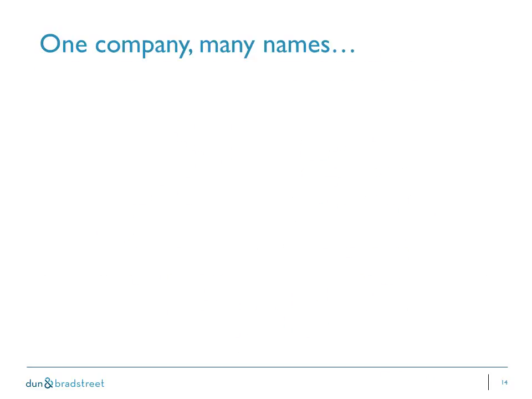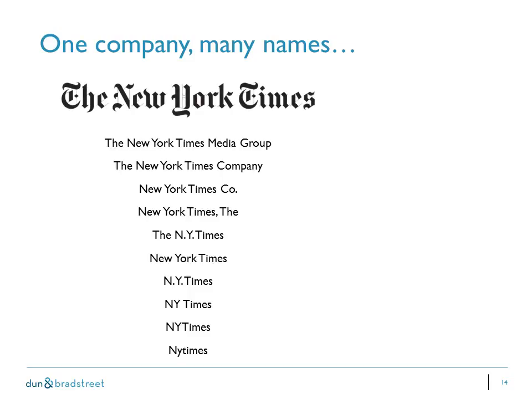Okay. So to start with, we've got one company name. Here's a company that you're probably familiar with, the New York Times, and regardless of the 10 different ways it's written, you know pretty well that it's the New York Times, and you could probably clean this up fairly easily in your system if you're doing business with them.